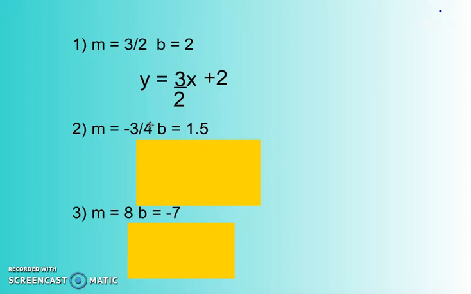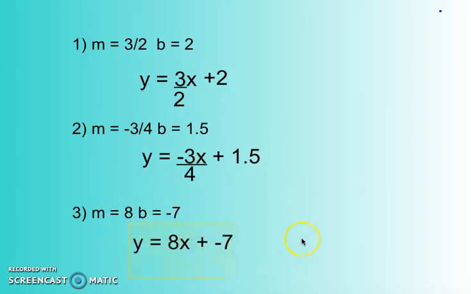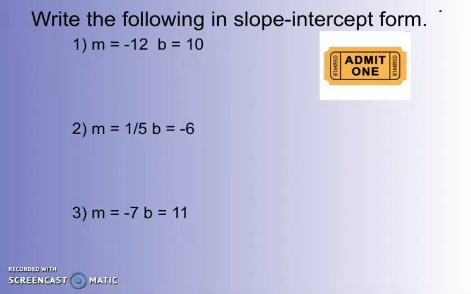We usually see it as a whole number or a fraction. When we write this one out, that's what that equation would look like in slope-intercept form. And then the last one, our slope is 8, our y-intercept is -7, and here is that equation written out. What I would like you to do is try the following 3 questions for tomorrow.